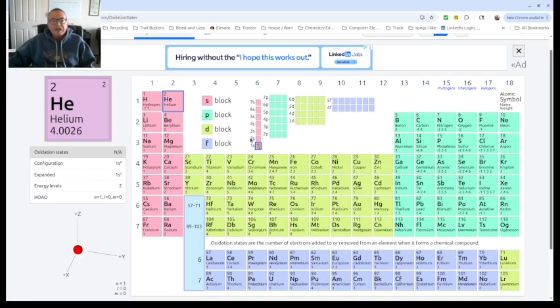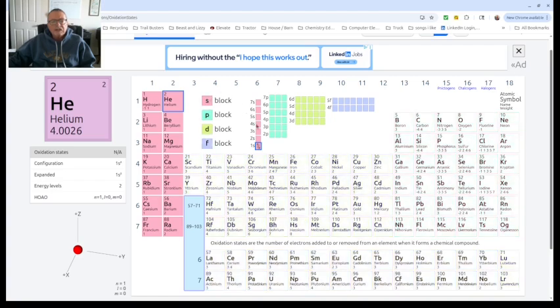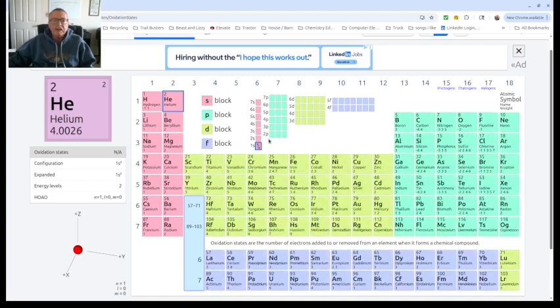So this S block, let's see if there's any sense to this S block and the other colors on this page. Well, it seems that the S block is right in this area, isn't it? So each one of these must have a similar relationship. Let's try lithium, for example.